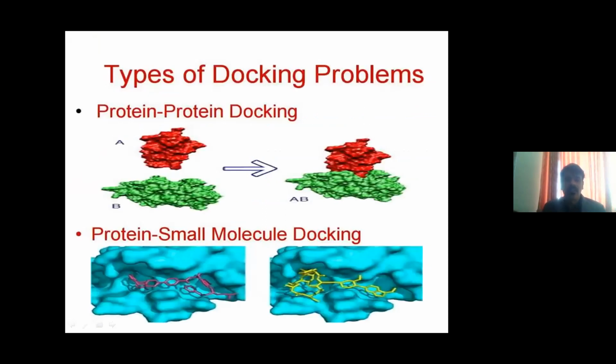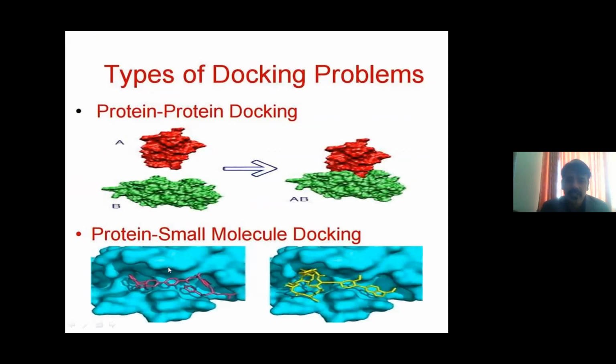So now, the types of docking problems: what major docking problems will you face? One is protein-protein docking. Next is protein small molecule docking. You would have heard about SBD, structure-based drug designing, and LBD, ligand-based drug designing. These are all small molecules only. If I say protein small molecule docking, you can understand that a molecule comes and binds to it.